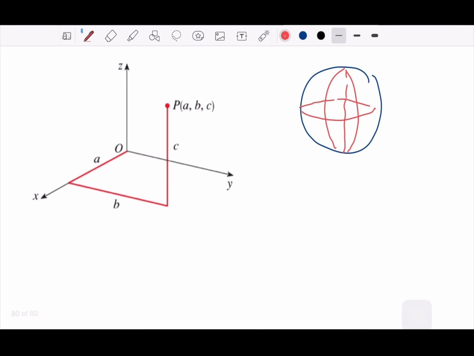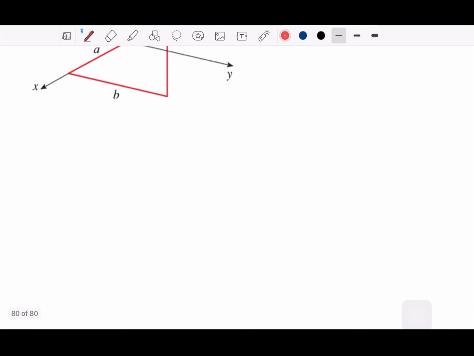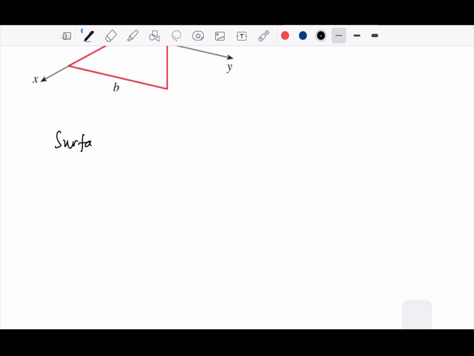The second part of the three dimensions is to note that if we have a surface in 3 dimensions, such as z equal 3 or maybe y equal 5, how can we draw this?